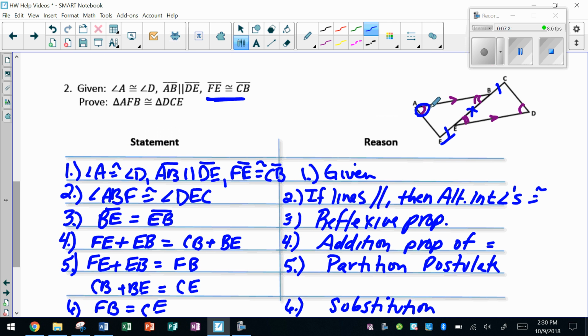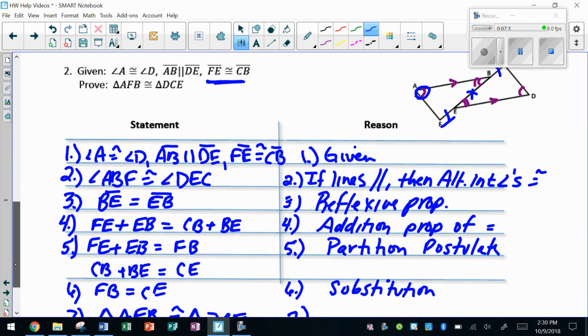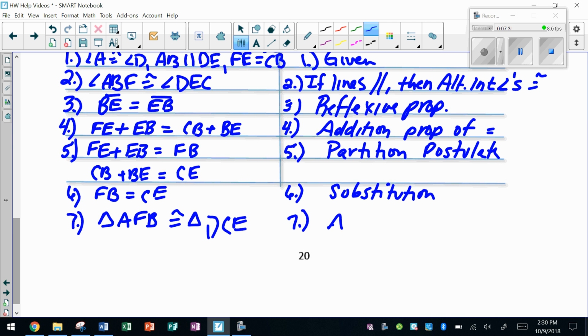You have 2 angles and a non-included side, so they're going to be congruent by angle, angle, side. You can see it this way too: there's my angle D, there's my alternate angle E, and then the side CE that I got equal. So it's the angle, angle, side congruency criteria. And that proof is done.